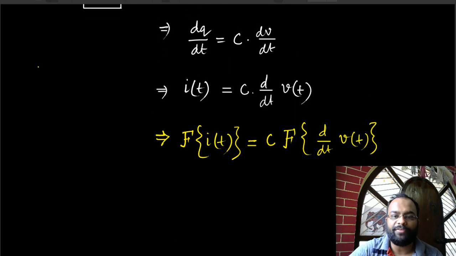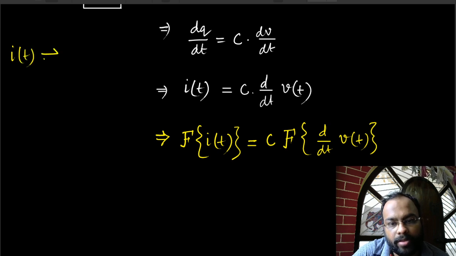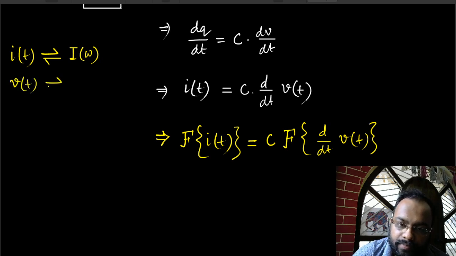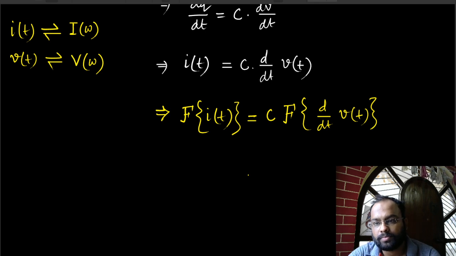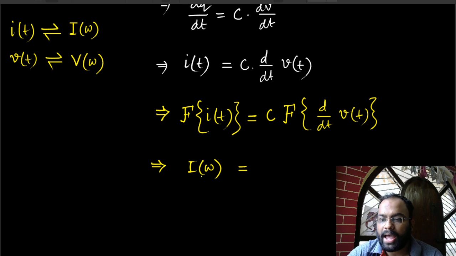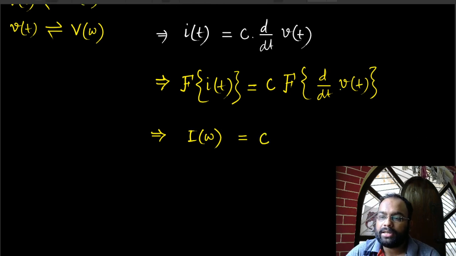If we say that the Fourier transform of I(t) is I(omega) and the Fourier transform of V(t) is V(omega), then this is I(omega), equal to C times the Fourier transform of the derivative of V(t).